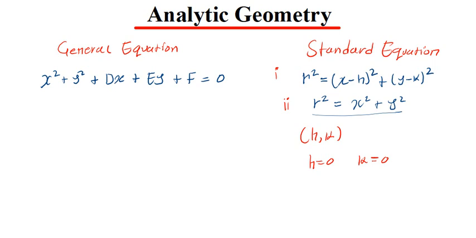Okay, so question 1, what do you think we are going to do there? Anyone with an idea? You are given the center at negative 2 comma 1, just write it down. Then you say it passes through the point 1 comma 3.